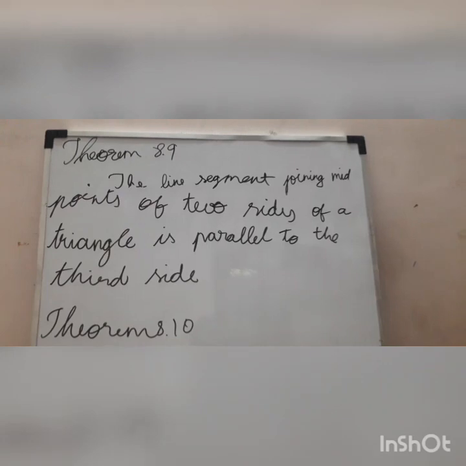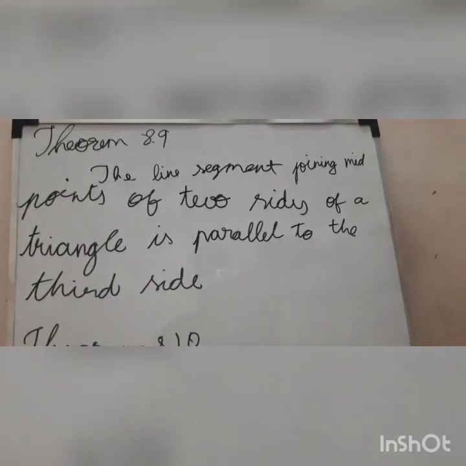Here, theorems 8.9 and 8.10 we already saw. Let me explain again. The line segment joining midpoints of two sides of a triangle is parallel to the third side.